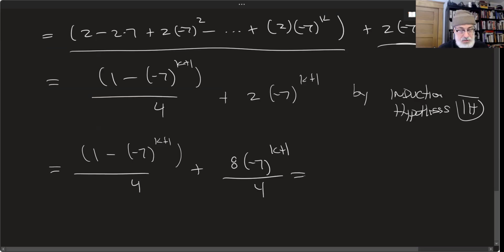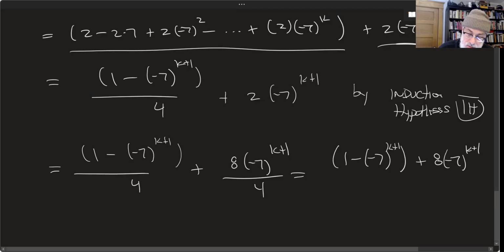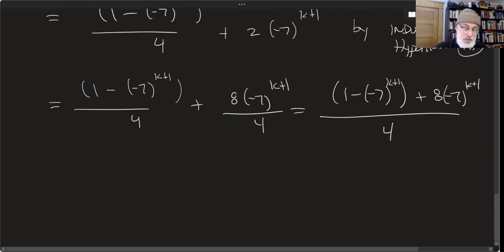Essentially what we have here is a sum: plus 8 times negative 7 to the k plus 1, all divided by 4. So with that like term, over the common denominator 4, this is what we have.